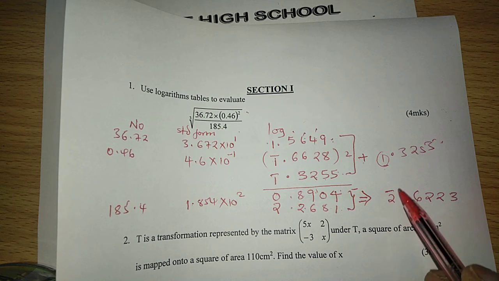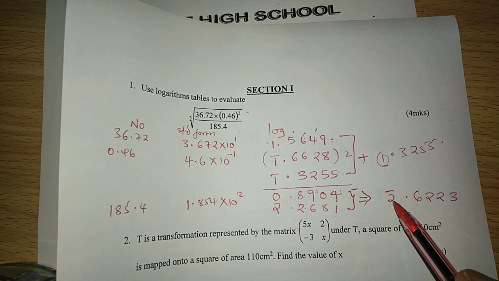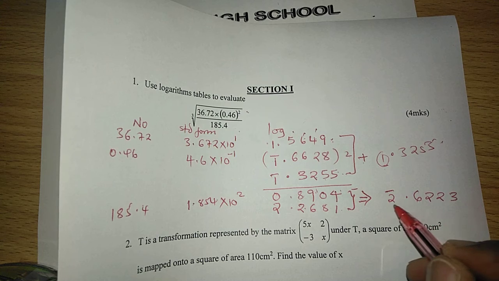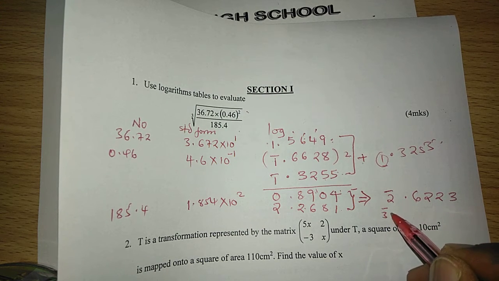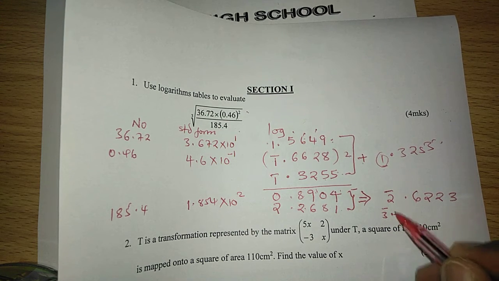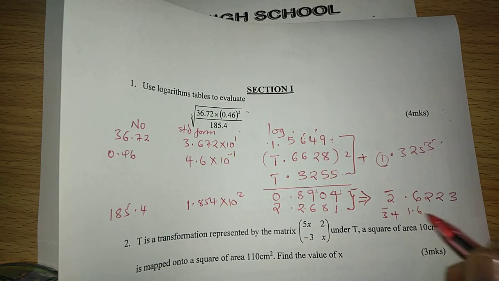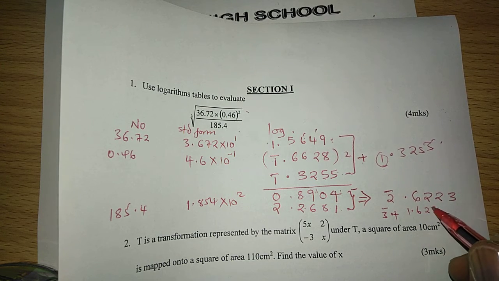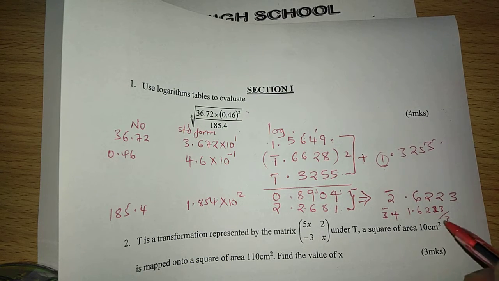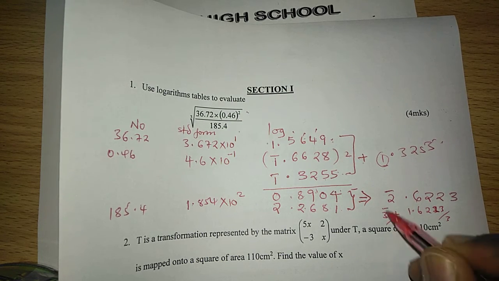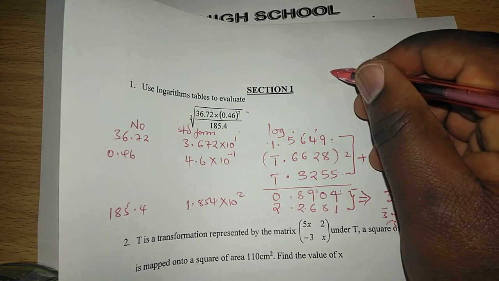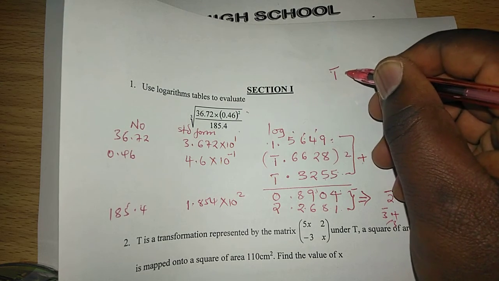So we borrow 1 to make it bar 3 so that it becomes divisible by 3. The 1 we have borrowed, we add to the Mantissa part, such that the Mantissa becomes 1.6223. So we can divide independently by 3 now, such that the characteristic becomes bar 1 point.